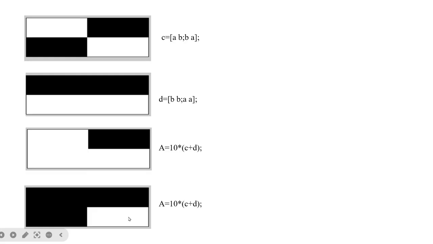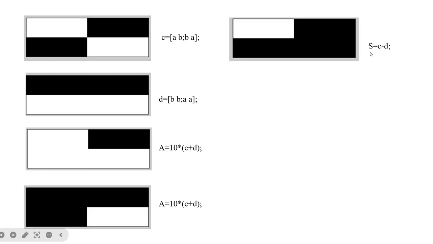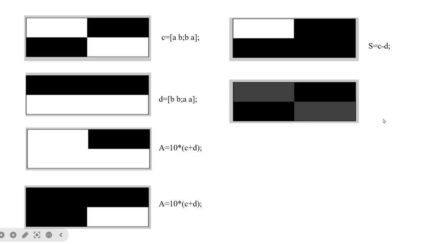This is capital M. Element-wise multiplication it is. Then we have capital S = C - D. We'll get this one. Next you have capital D = C/4. So here when you are dividing, you are getting the shades of gray. Okay, so these are the images.